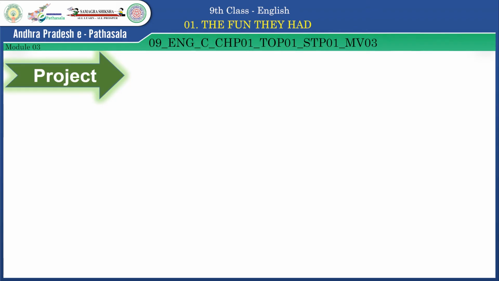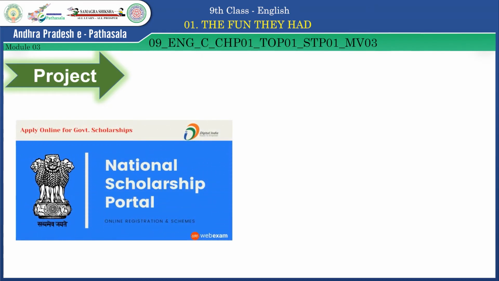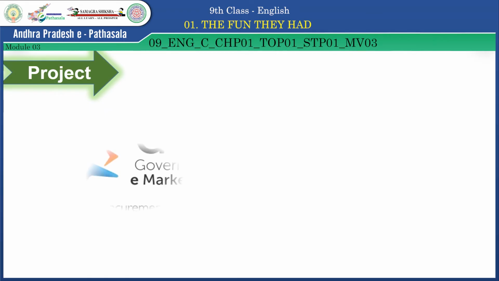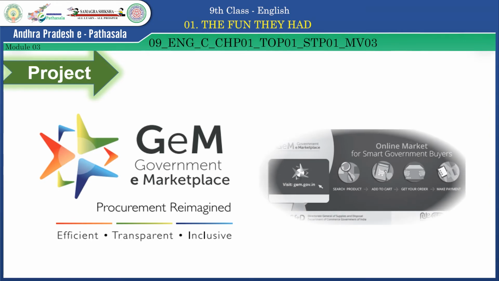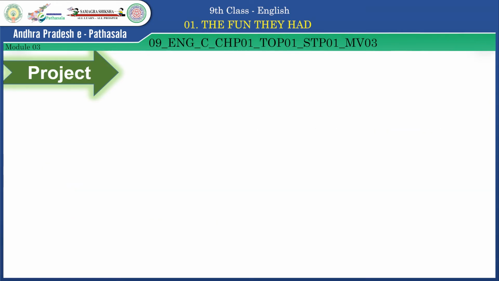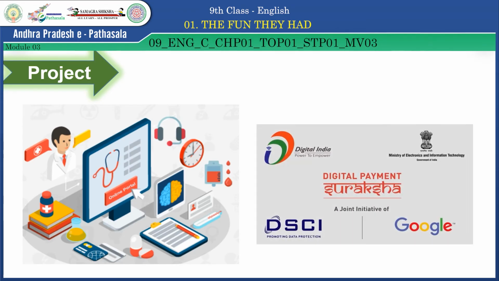Here, some of them are the National Scholarship Portal for applying for government scholarships, the DigiLocker, GeM, that is the Government e-Marketplace for online marketing, e-hospital, and a variety of digital payments.